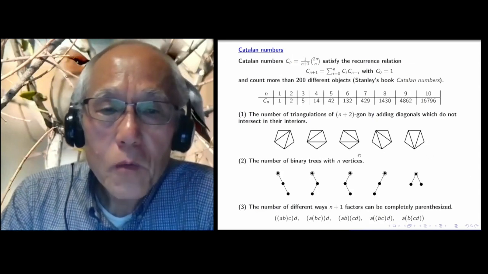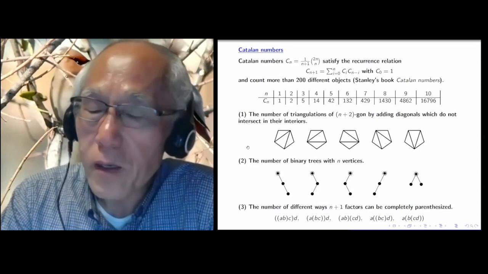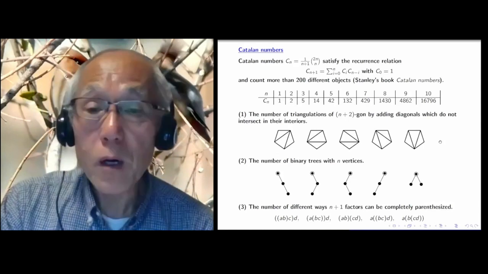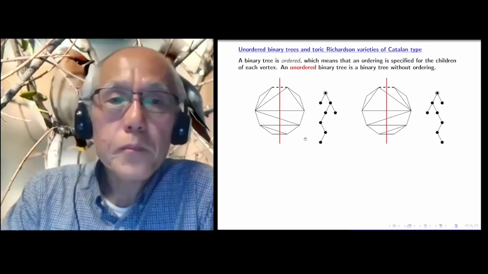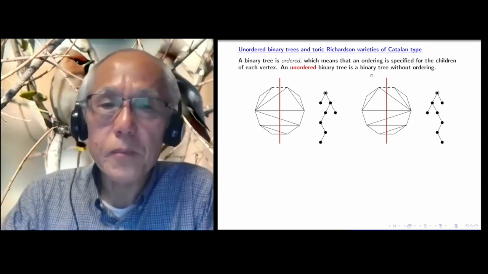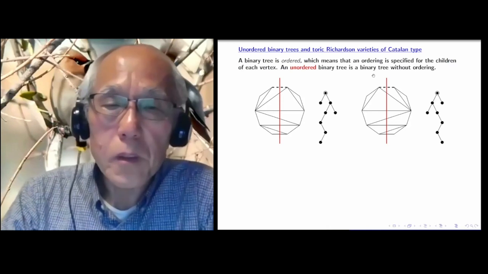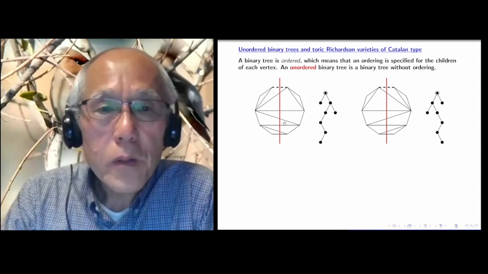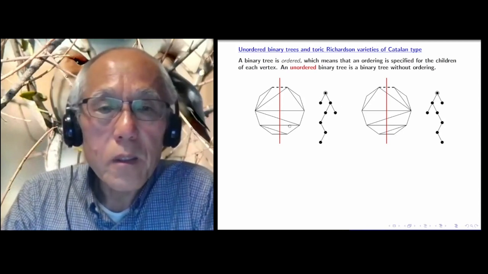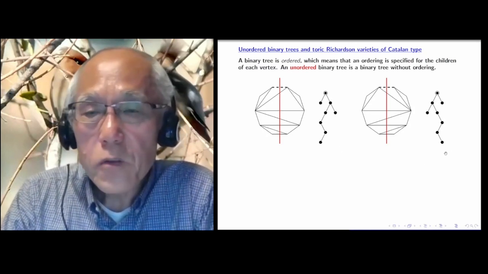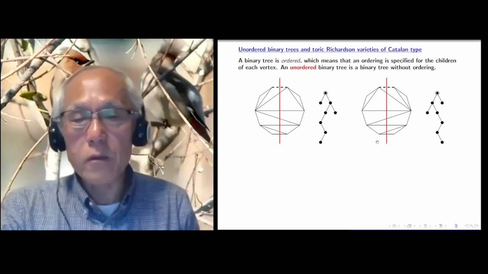Now, we got the polygon triangulation from the Bruhat interval polytope, and so we get binary trees from the Bruhat interval polytope. This binary tree corresponds to this polygon triangulation, and this binary tree corresponds to this polygon triangulation.